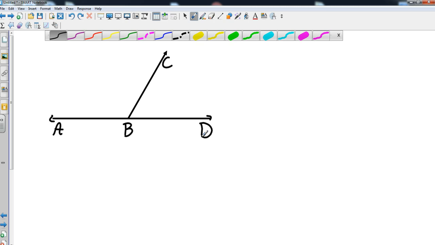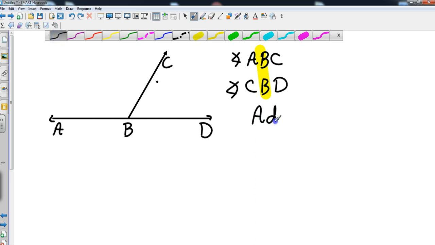But you'll also notice that they share a common vertex. And if they share that common vertex of B, then that makes them adjacent.